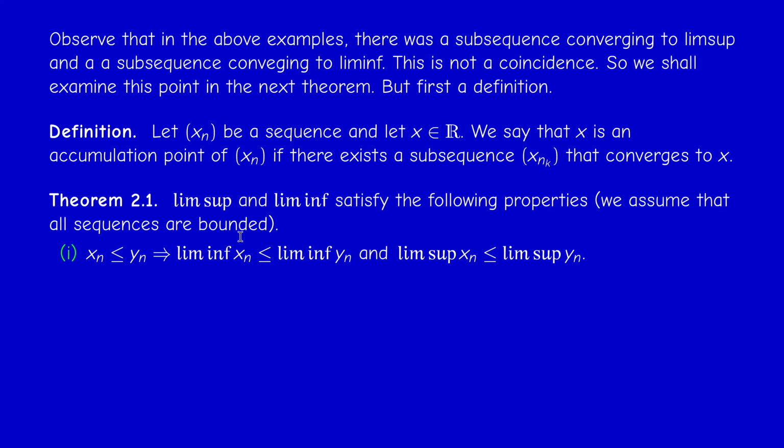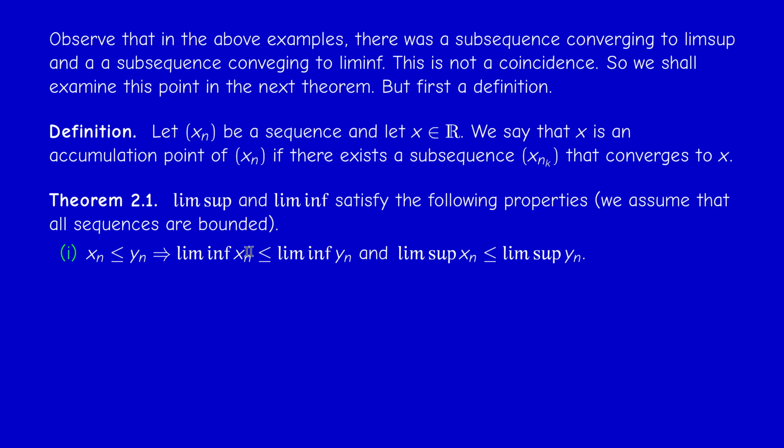Okay, so if all sequences are bounded, so in order to avoid plus and minus infinity, the first property states that limsup and liminf satisfy the same conservation of inequalities as in the limit. So we know that if xn is less than yn and both are convergent, the limit of xn is less than or equal to the limit of yn.